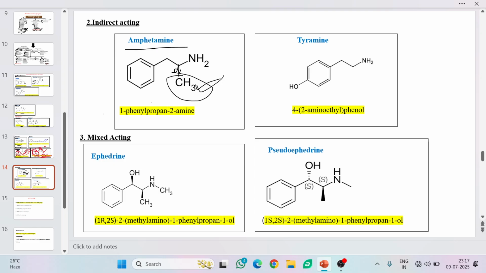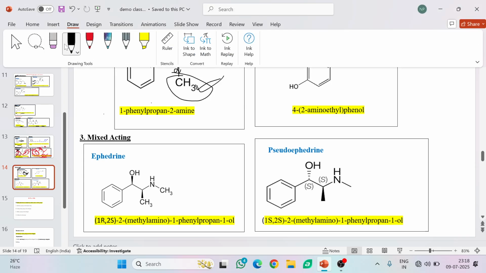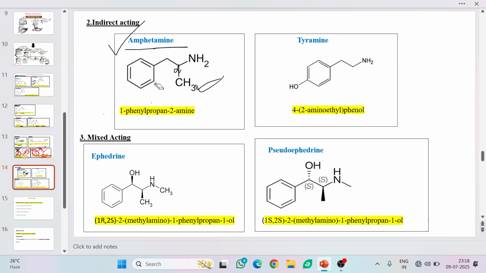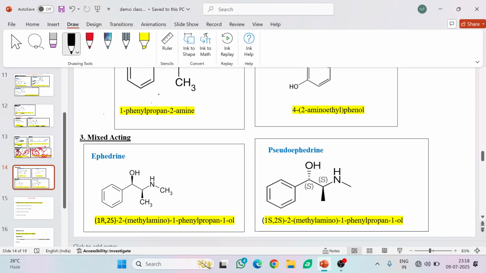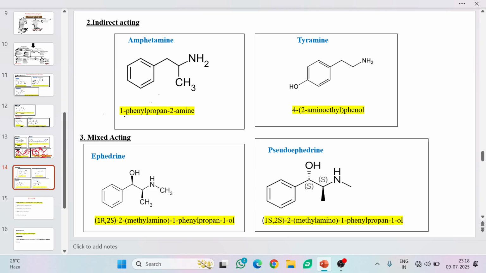They will give the options amphetamine, dopamine, adrenaline, noradrenaline. You have to answer that amphetamine is alpha carbon substituted. Very simple. We'll see the basic IUPAC name of this drug. The numbering will start from here now.